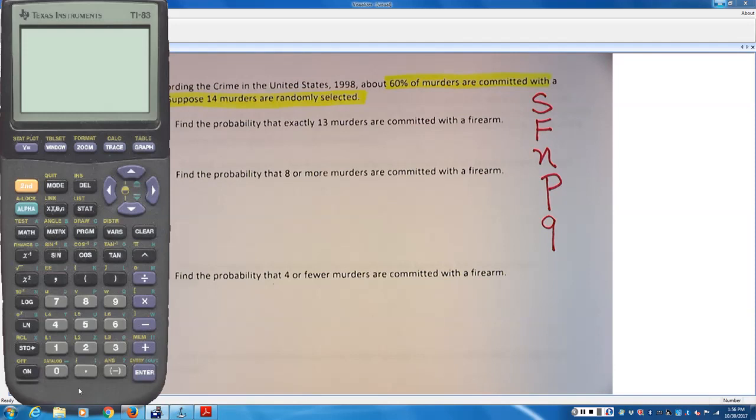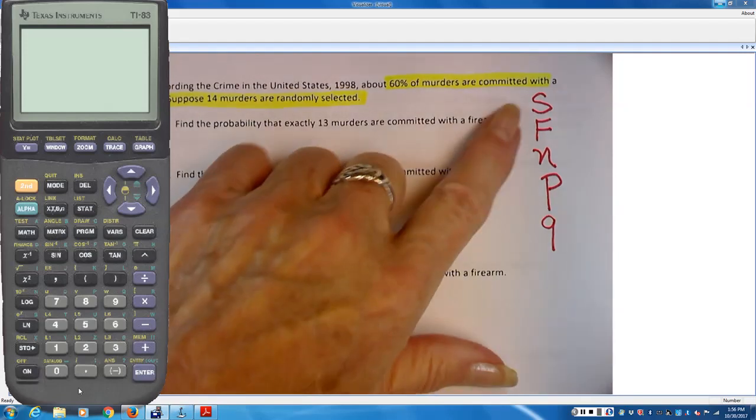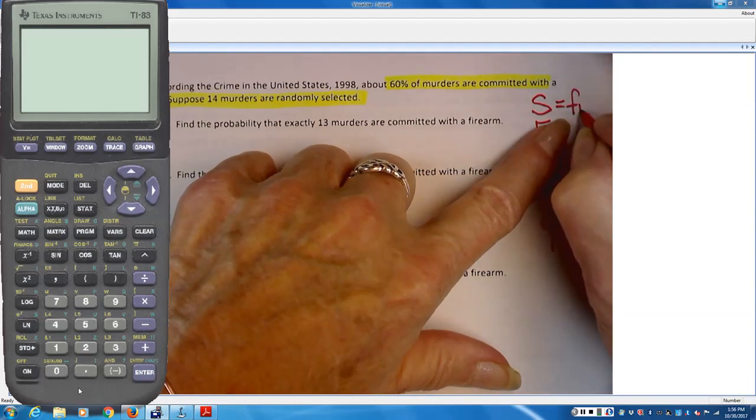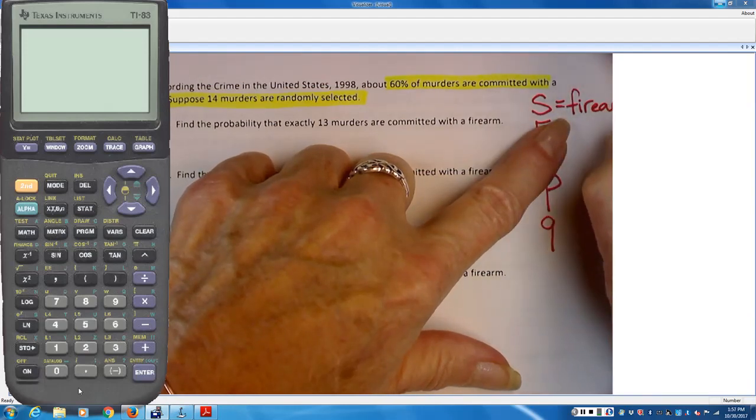What is success? When we gather our information and we look at the outcomes of the 14 murders, what are we counting as success? Murdered with a firearm, okay? Remember I told you success isn't always a good thing. Success is murder with a firearm.